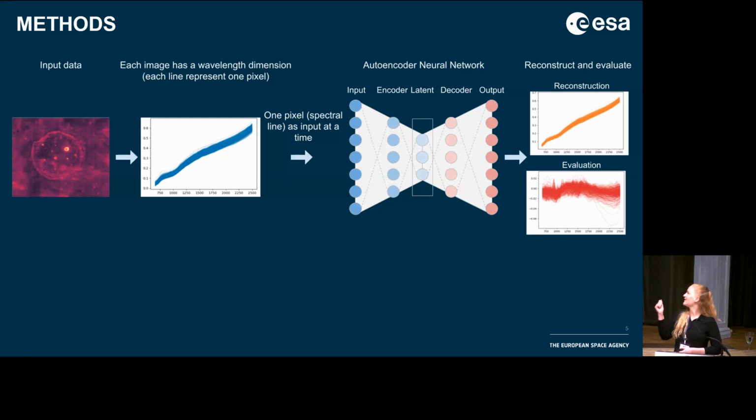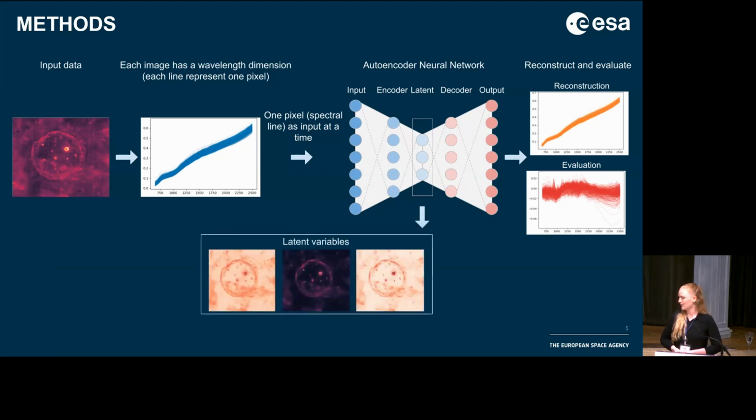And at the very right of the image, you'll see how the training works. The training works by passing the input data through the network and then seeing the difference between the reconstructed data at the end of the neural network and the input data. So to further analyze the data, we then extract these latent variables, these lower dimensional variables.